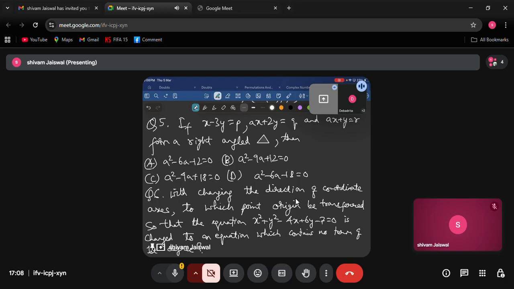Then you have to find out all possibilities for which is the right angle, and then we need to just see which option is correct.